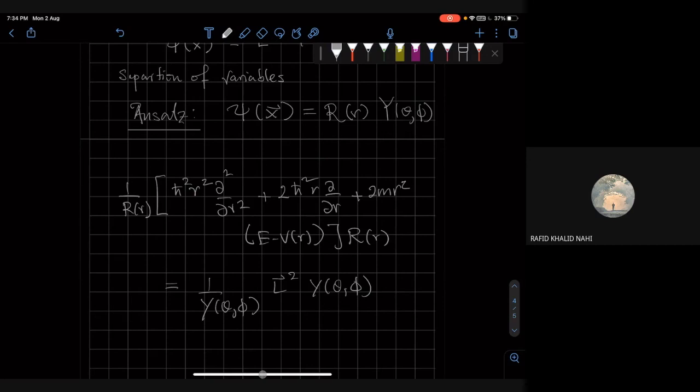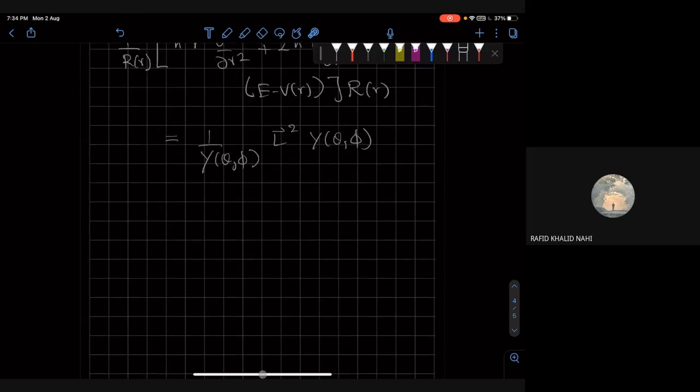So the left-hand side only depends on r. The right-hand side only depends on theta and phi. So the only way that these two things, which have completely different dependence, can be equal to each other is if they both are equal to a constant, right?